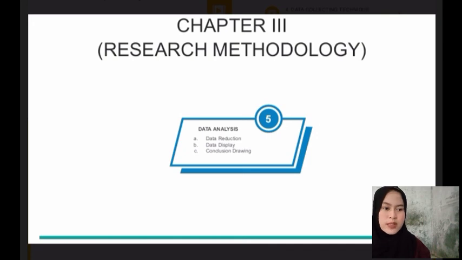I also studied the function of implicature based on the theory of classification of speech acts suggested by Searle in 1975. And finally, I drew a conclusion on the phase of forming an inference, the types of conversational implicature, and the function of the implicature.